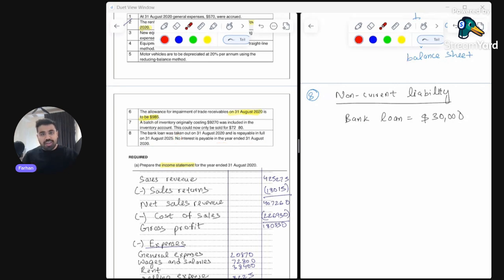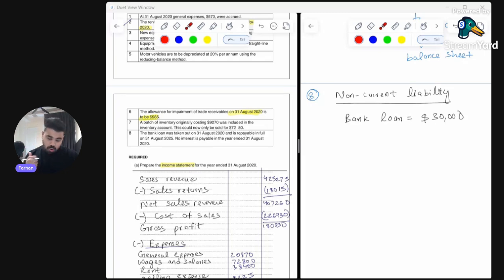Why would you pay the interest for the entire year today? It doesn't make sense, right? So you'll have to wait for one entire year to pass, which is 31 August 2021, and then only you will be obligated to pay the interest expense that is due on the loan. But at the moment, the takeaway from point number 8 is that this is a non-current liability, and when you prepare the non-current liabilities section in the balance sheet or the statement of financial position, you are to report this bank loan amount of $30,000.